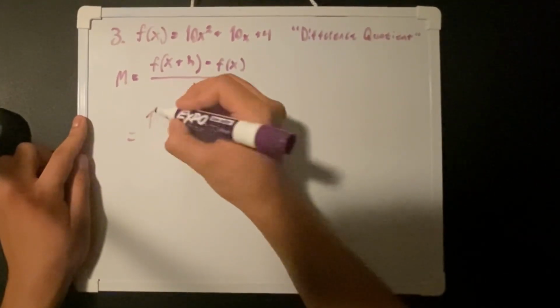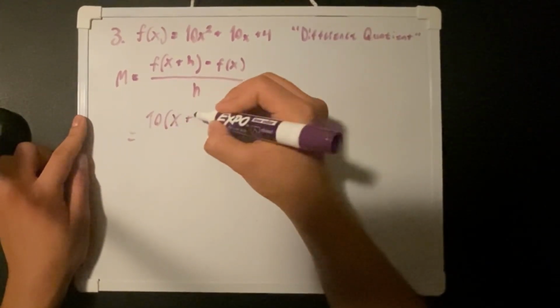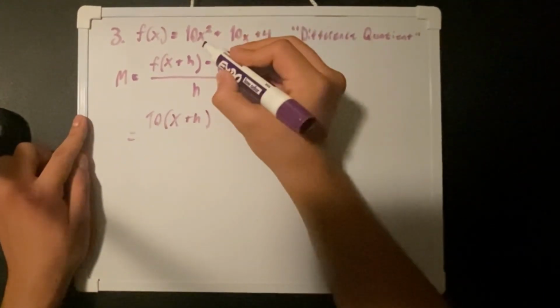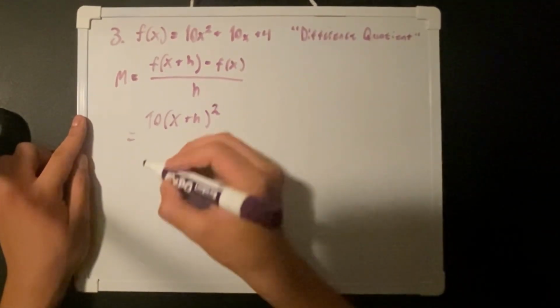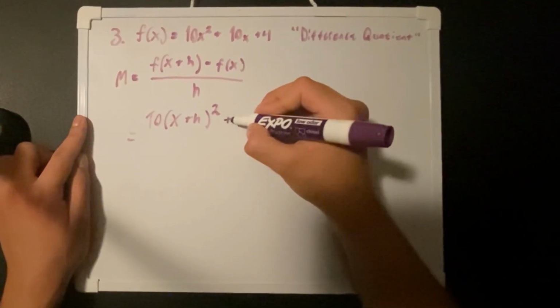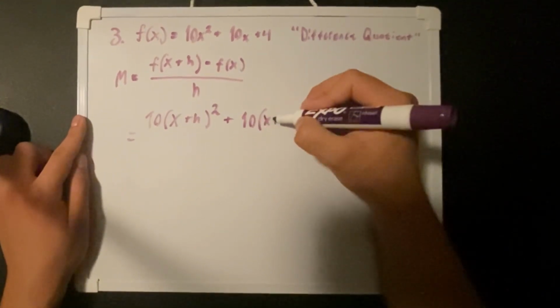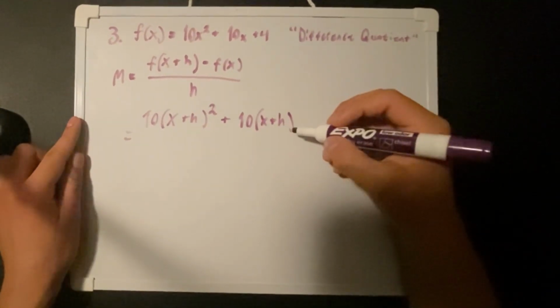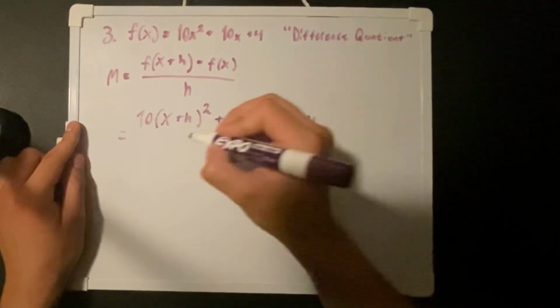take out the x, keep in the x plus h, and since this x is squared, we include it like this, then we do plus 10 times x plus h, this one does not need a square, plus 4.